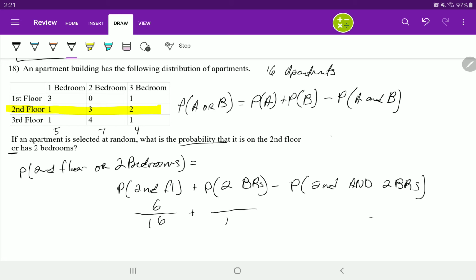Plus, how many apartments have 2 bedrooms out of 16? That's going to be 7. 0 plus 3 plus 4 is 7. Minus how many apartments are on the second floor and have 2 bedrooms. There are 3 apartments on the second floor with 2 bedrooms. So that's going to be minus 3 out of 16.